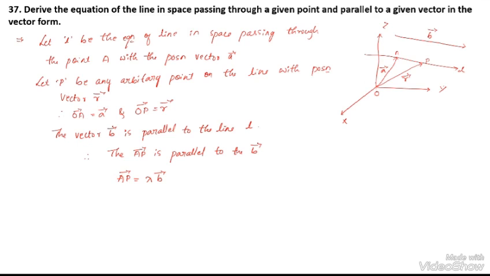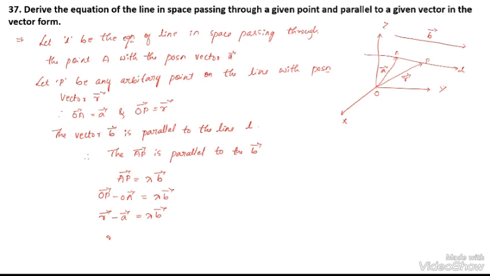Now, what is AP? By the property of vector addition, AP is OP minus OA. That is, vector OP minus vector OA is equal to lambda into b. What is OP? The position vector r. What is OA? The position vector a, equal to lambda b.